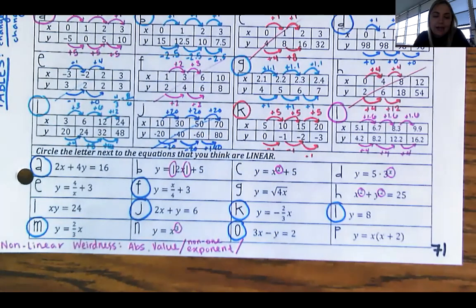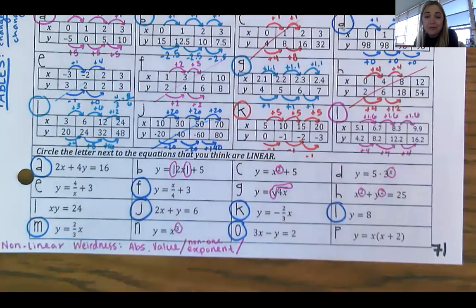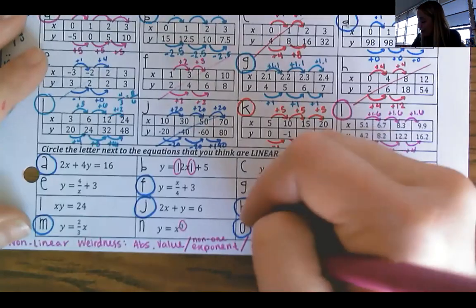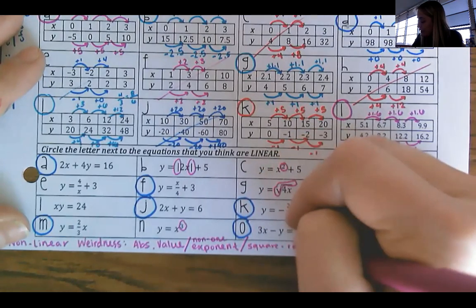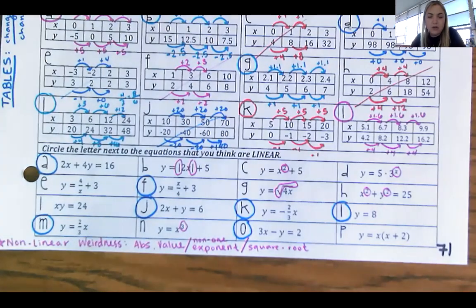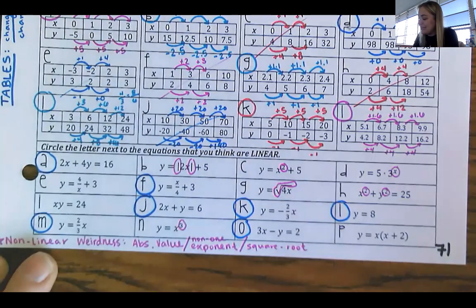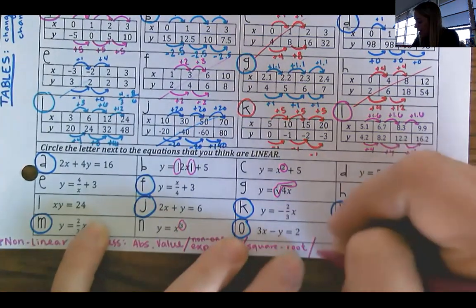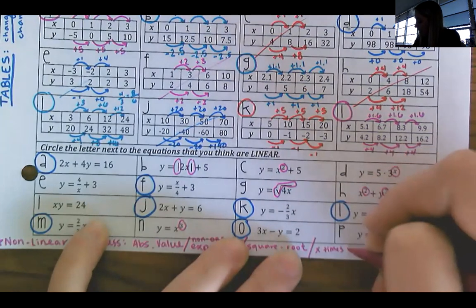Okay, let's look at another one. This one has a square root. Square roots are weirdness, and they are going to make it nonlinear. So square root. Which other ones do we have? Okay, this one, it's multiplying x and y together. So we're going to say x times y.